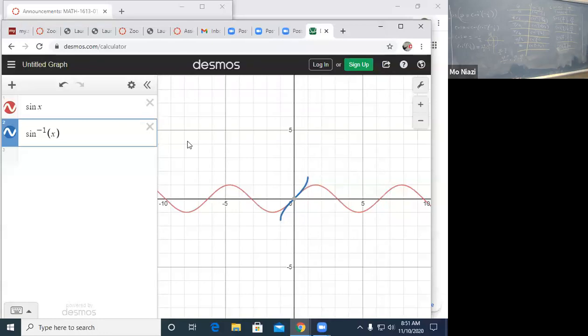But if we want to continue to make it a function, we have to restrict the range now. So what is the range that we want to restrict it to? Negative pi over 2 and pi over 2, right?